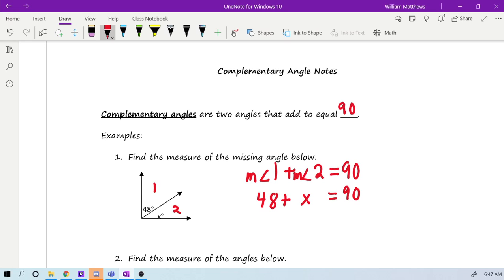Simple step here, we are going to subtract 48 from both sides, which would leave us with 42. So x equals 42.